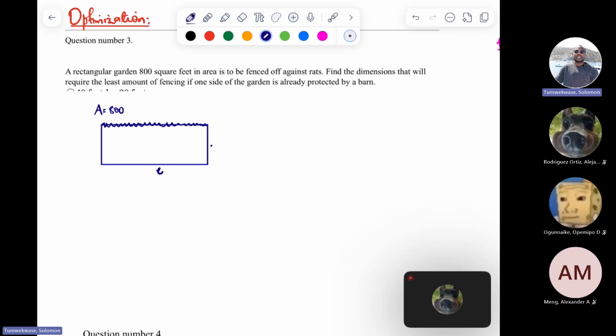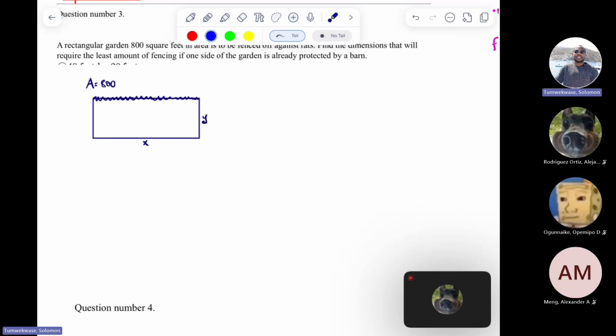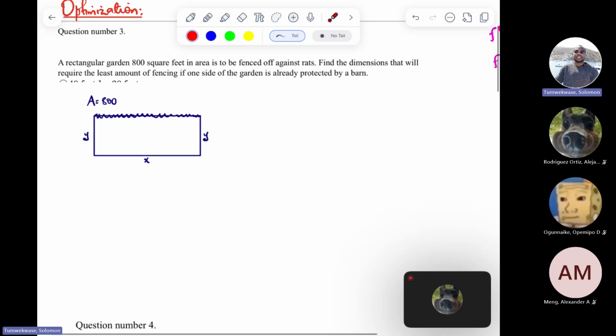I can call this length and this width, depending on what you're comfortable with, but maybe following your notes, we can keep using X and Y. So the length of this rectangle is X, and the width is Y. And of course, we shall have another width here, which is also Y. But this side is just the way it is, because we shall not have the length there, because we don't need to fence that side.